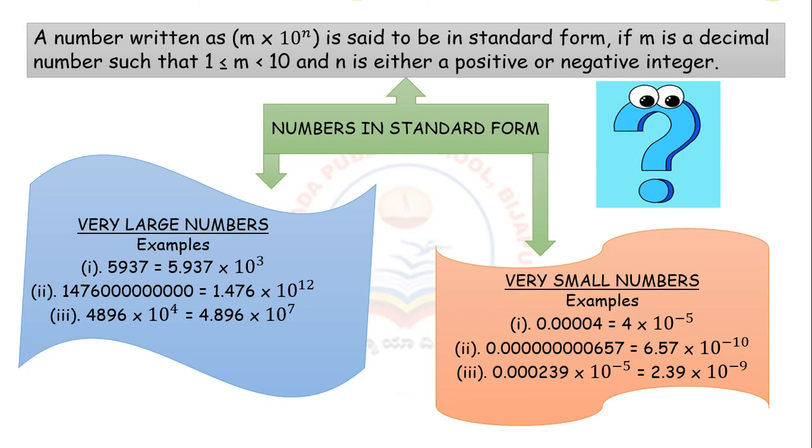The standard form of 0.000239 into 10 to the power minus 5 is 2.39 into 10 to the power minus 9.